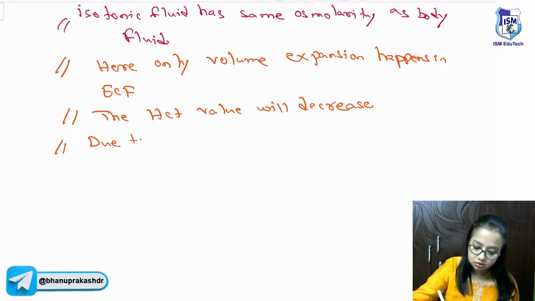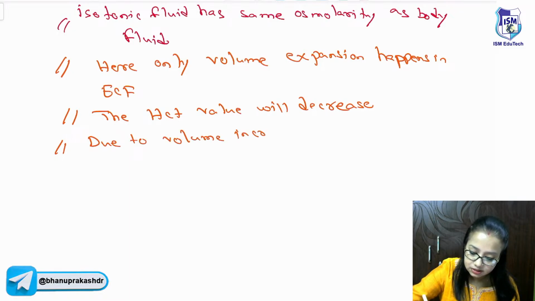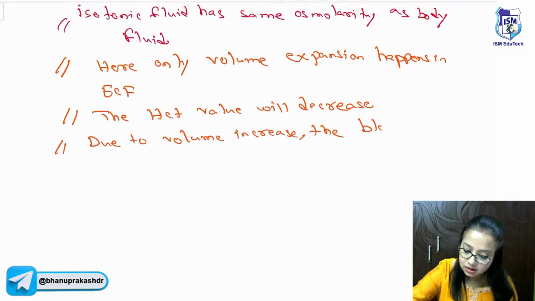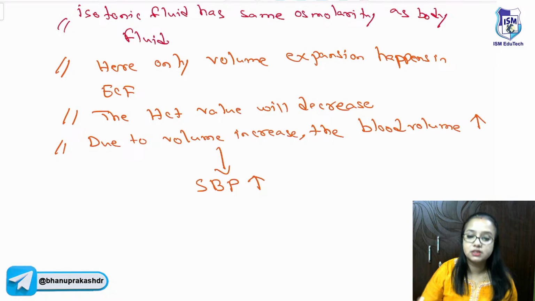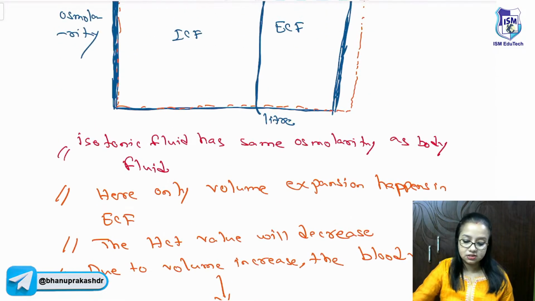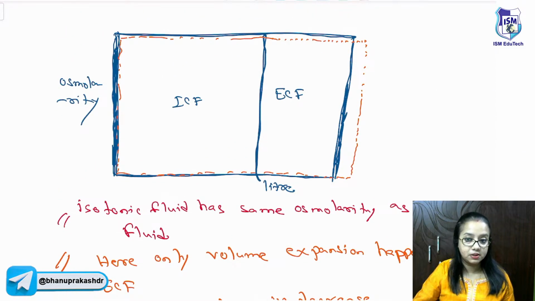Due to the volume increase, the blood volume will increase, as a result of which the systolic blood pressure will increase. Only this is the change that will happen, and no major change will happen.